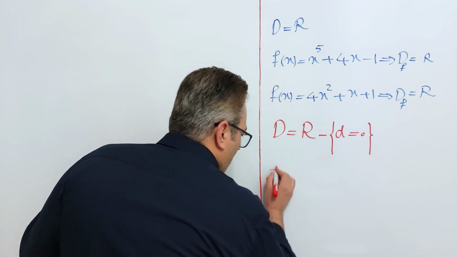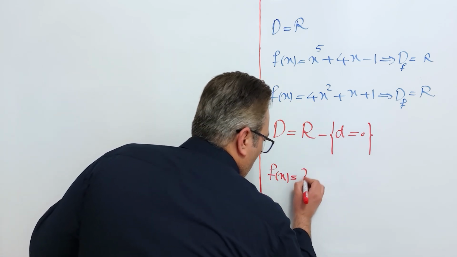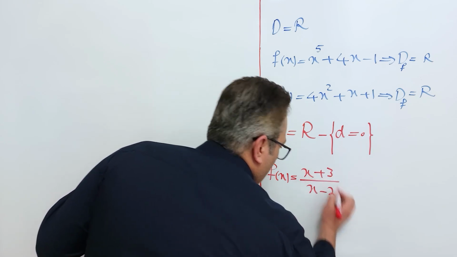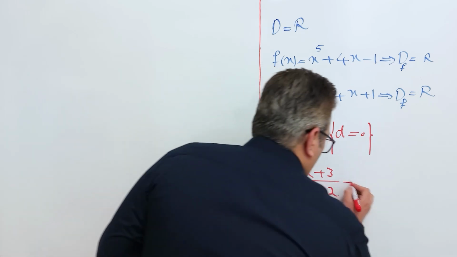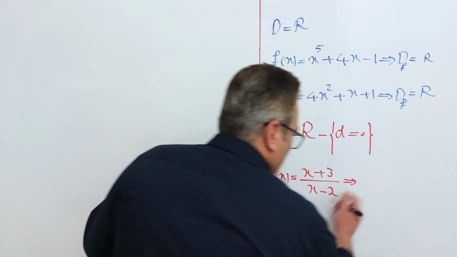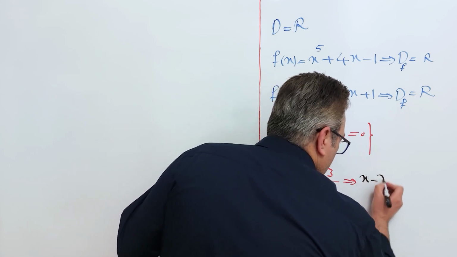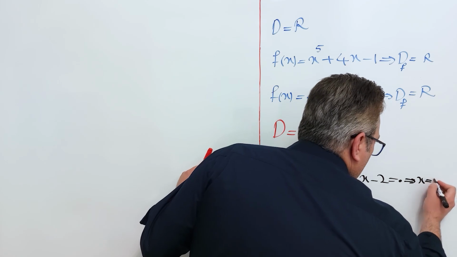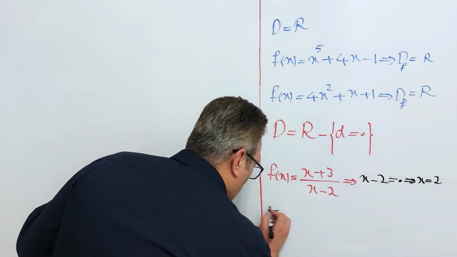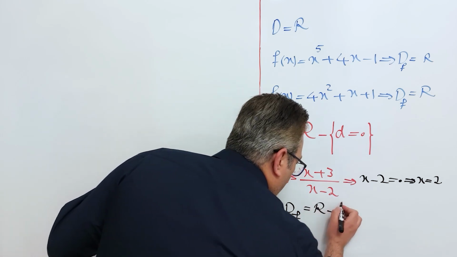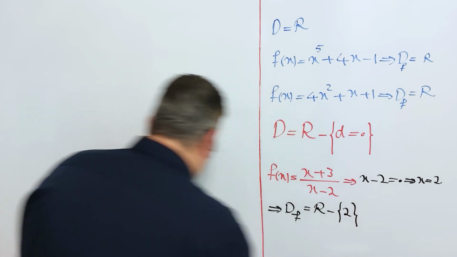Okay? For example, f of x is equal to x minus 3 divided by x minus 2. So set the denominator equal to 0. So x minus 2 is equal to 0. So x is equal to 2. So the domain of f is equal to R minus {2}.